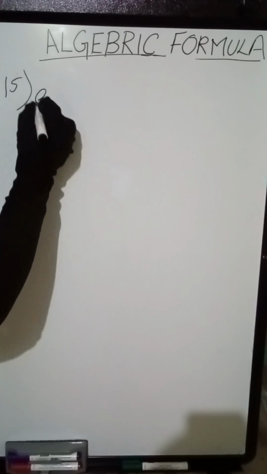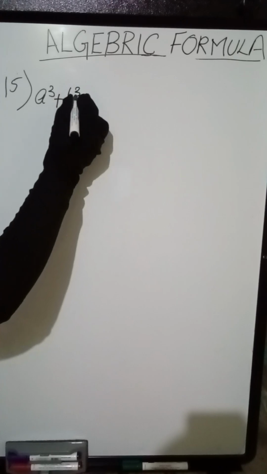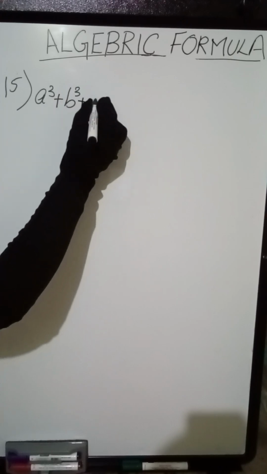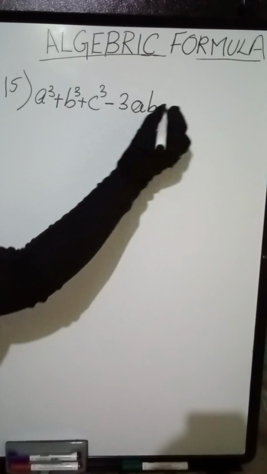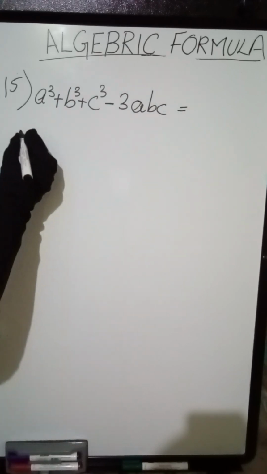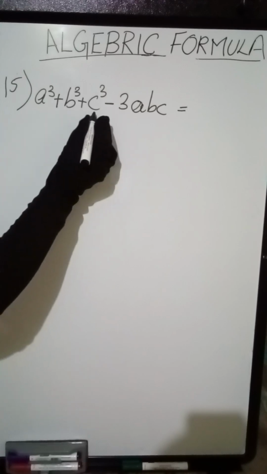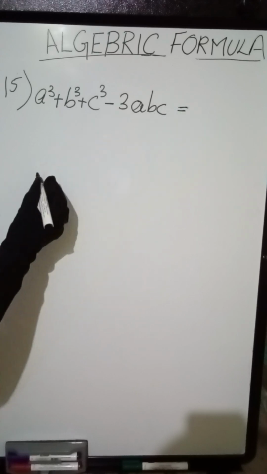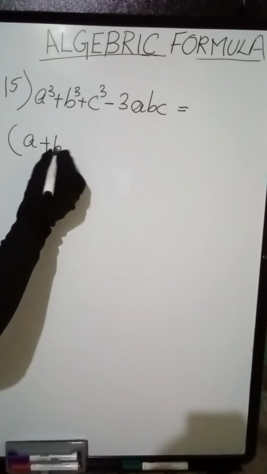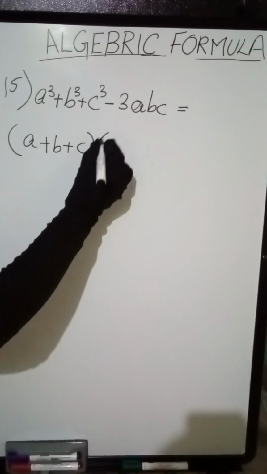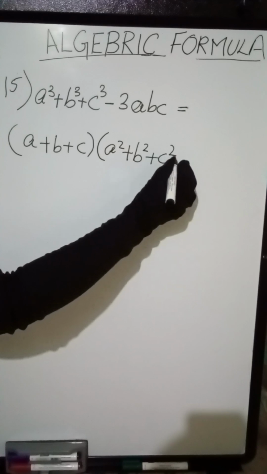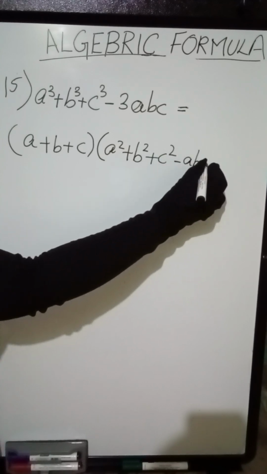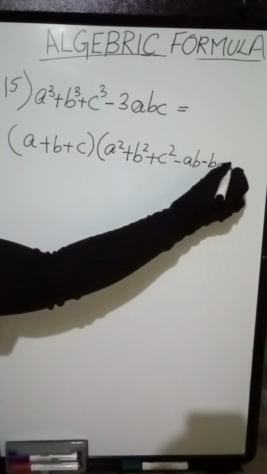Let's discuss the 15th formula, which is nothing but a cube plus b cube plus c cube minus 3abc, which will be equal to a plus b plus c, then you have a square plus b square plus c square minus ab minus bc minus ca.